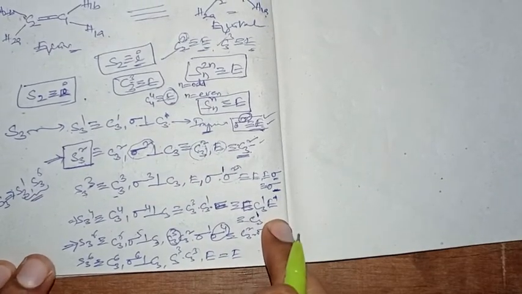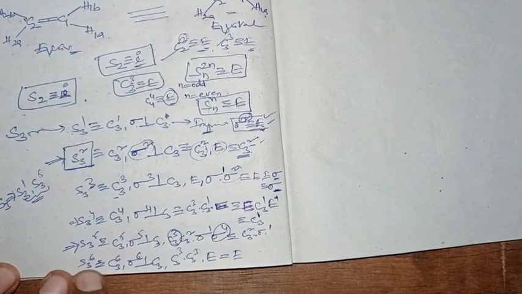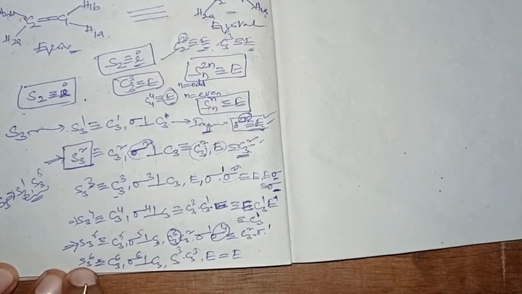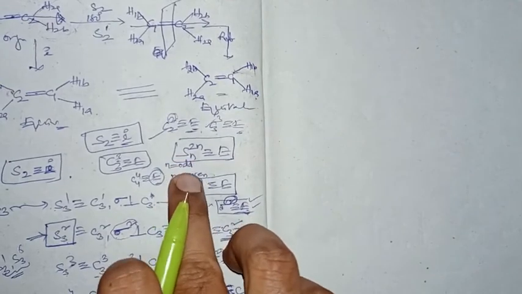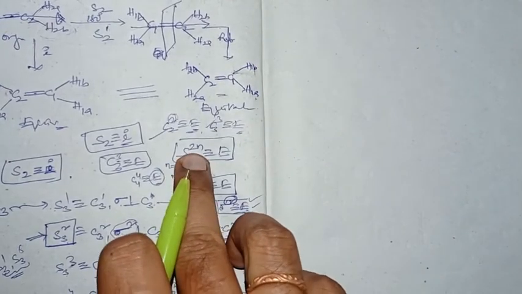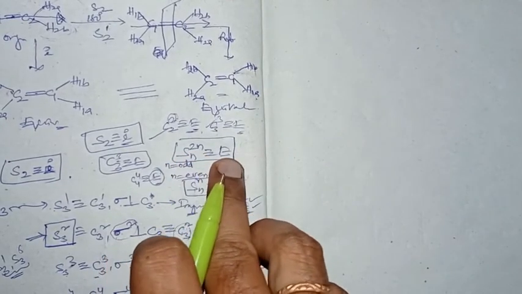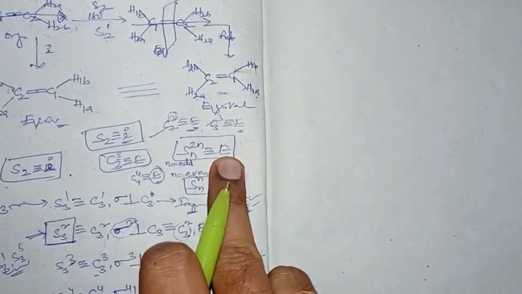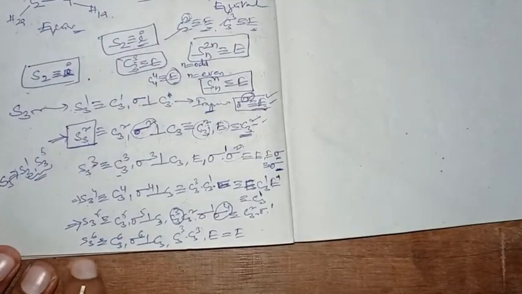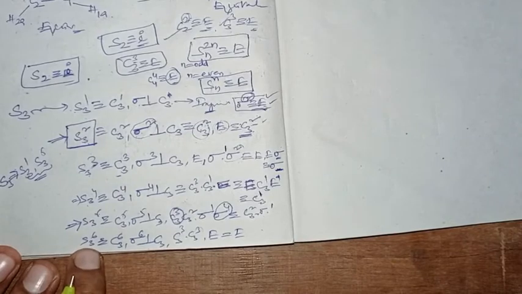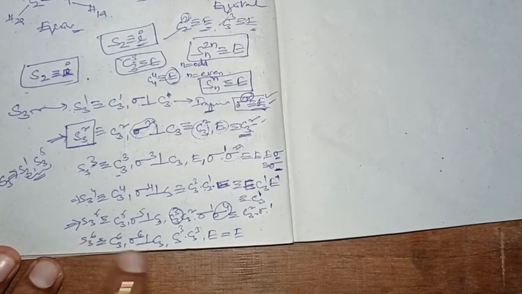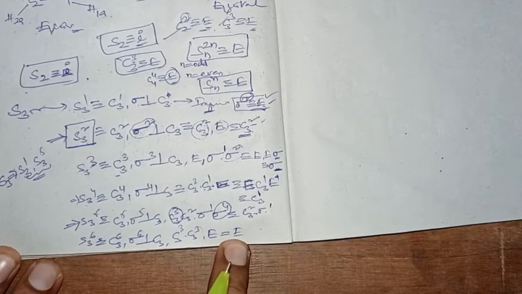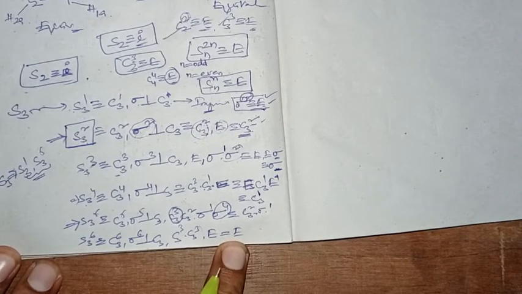Right. So like this, in Sn, when n is odd, you have to do 2n times to get the identical configuration, right? That is how here S3, an odd number, has to be done till the sixth time to have the identity or identical configuration, right?